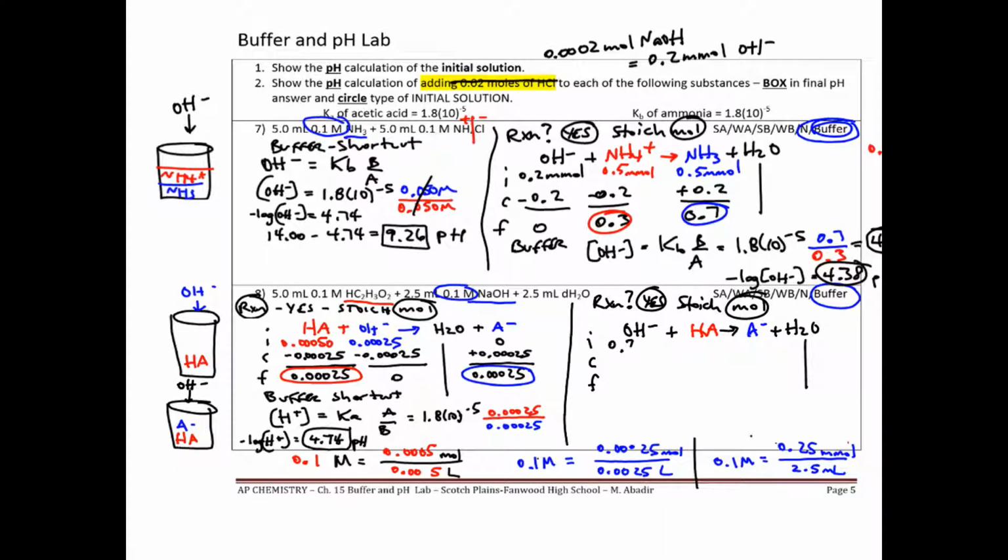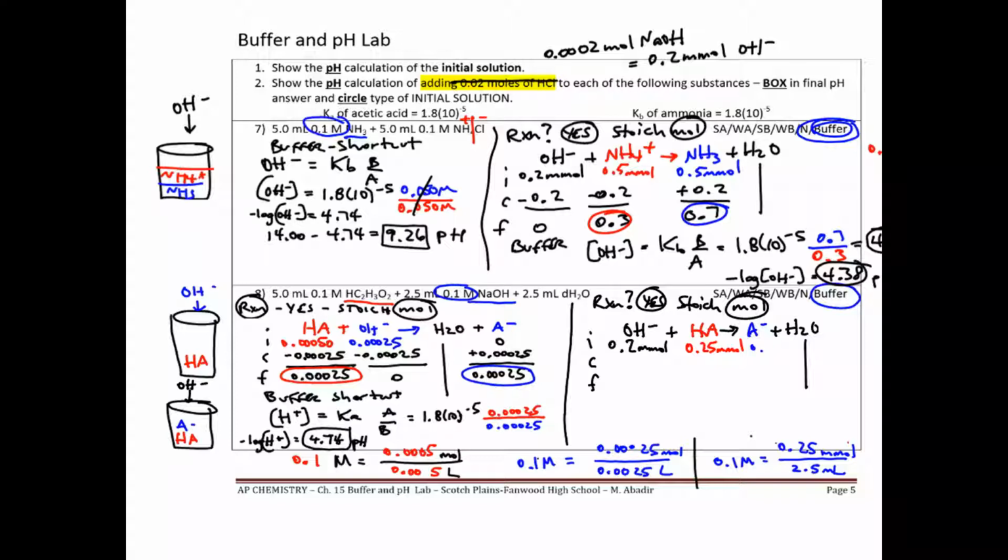We have our 0.2 millimoles of that. And I actually already have my originals over here, so I don't have to recalculate it. My moles right here, this is moles, so I could do millimoles. 0.25 millimoles of the acid, 0.25 millimoles of the base. So we're going to write over here 0.25 millimoles.